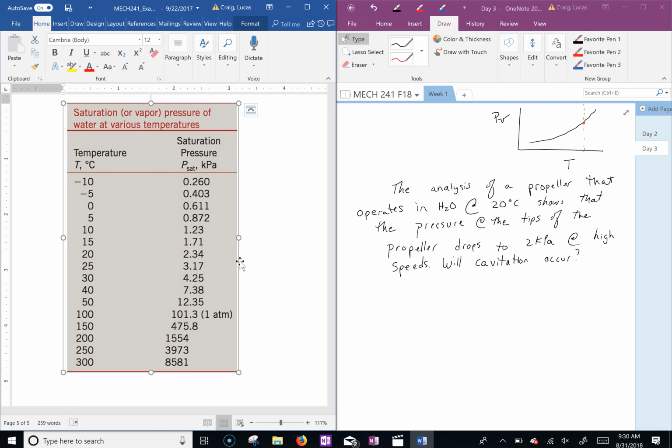The saturation pressure, or vapor pressure, is how much the water can hold in the vapor phase. So here we have a prop in 20 degree water, and at the tips of the prop we've noticed that the pressure drops to 2 kilopascals. So will there be cavitation? What is the vapor pressure at 20 degrees?